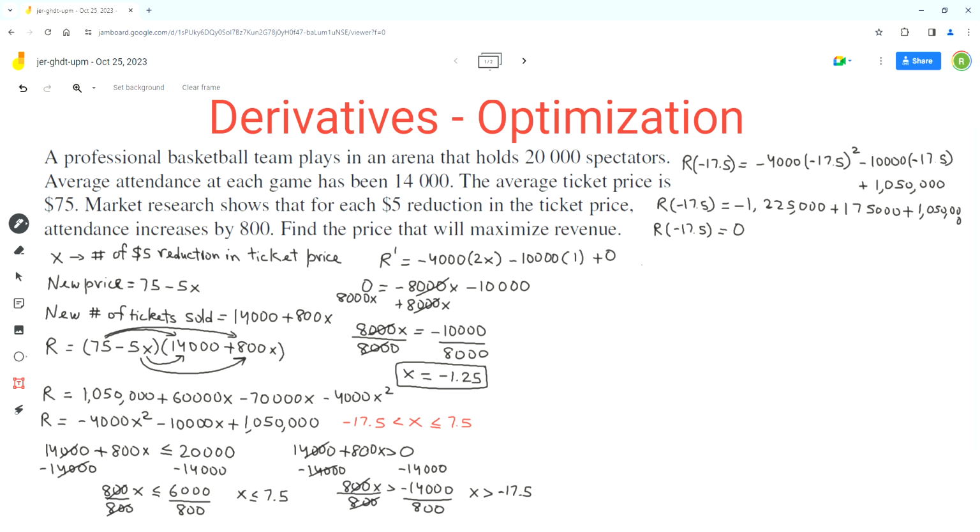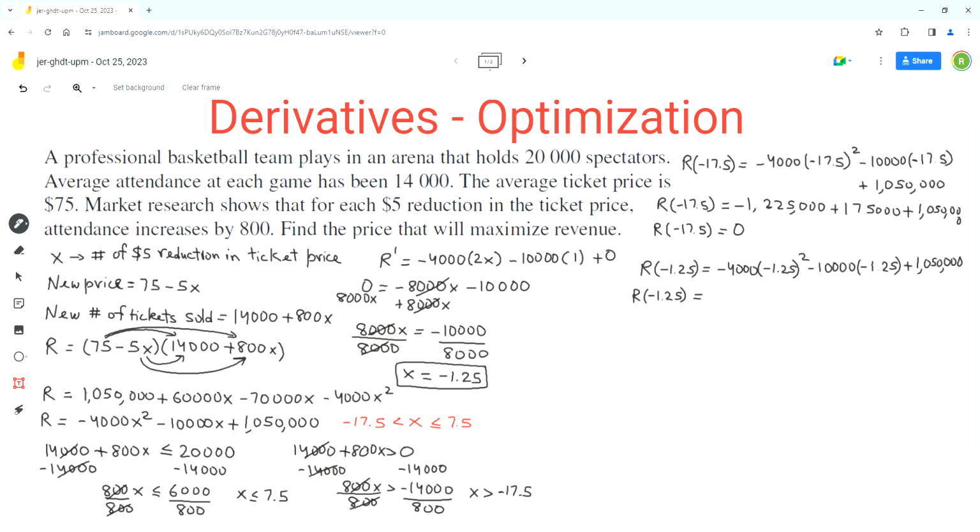Now we'll use x equals negative 1.25. So we'll sub in x as negative 1.25: negative 4,000 times negative 1.25 squared, then negative 10,000 times negative 1.25, and then plus 1,050,000. And now we can evaluate these terms.